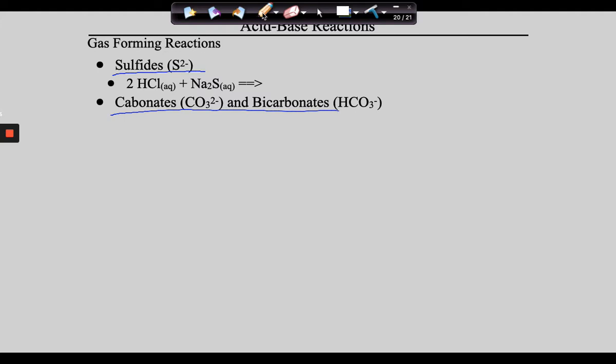So guys, let's do this. Let's take hydrochloric acid, and guys, when you're writing this in your notes, go all the way to the left. Hydrochloric acid, and let's do our good friend sodium bicarbonate, which you know to be baking soda. Now guys, double displacement reaction.